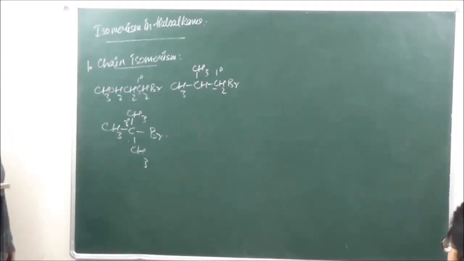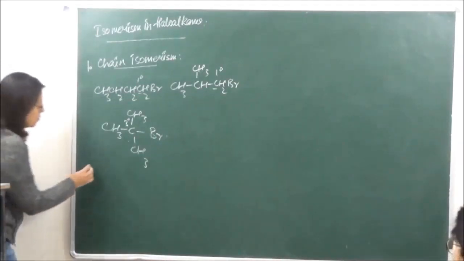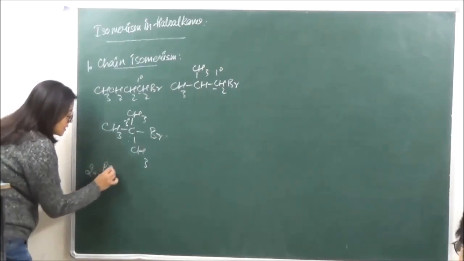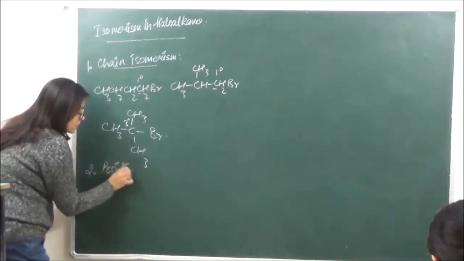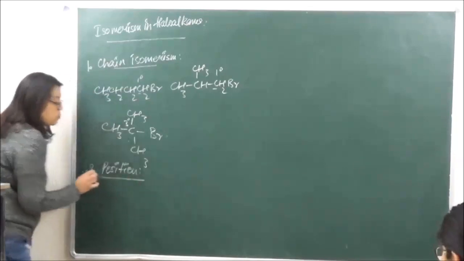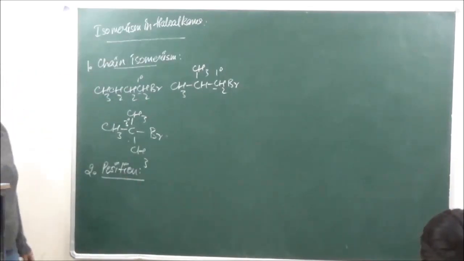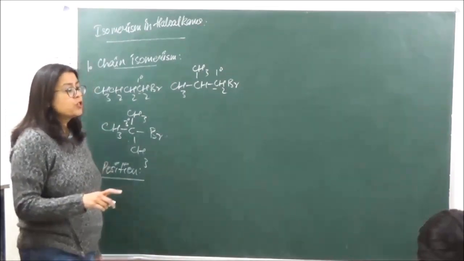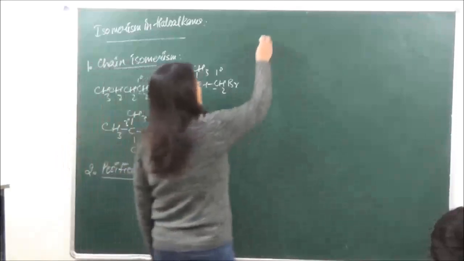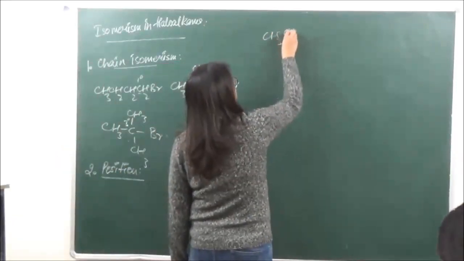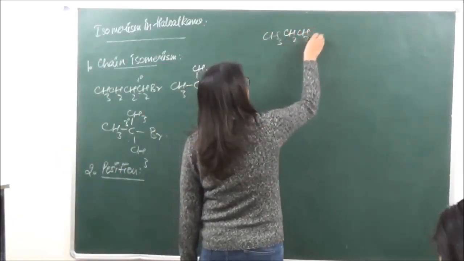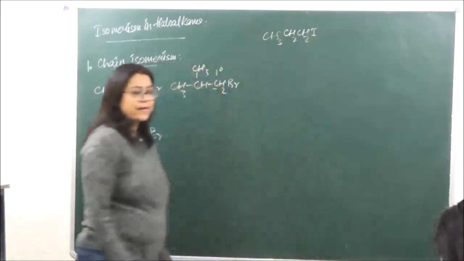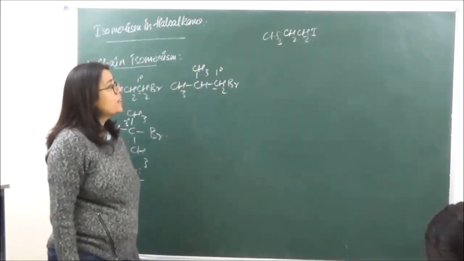Okay? The second type of isomerism which we have over here is position isomerism. In position isomerism, the position of the halogen is going to change. For example, if we have CH3, CH2, CH2I, this is 1-iodopropane.